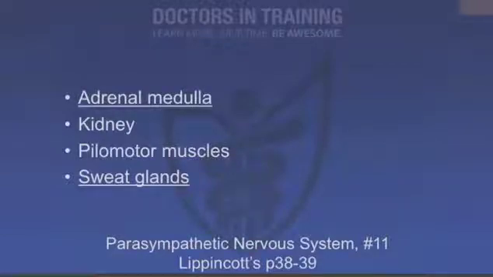The pilomotor muscles, these are the muscles associated with the hair follicles that cause your hair to stand up on end. That's a sympathetic response. The sweat glands, as we mentioned, get sympathetic innervation. And blood pressure control is primarily regulated by the sympathetic system without much parasympathetic activation at all.